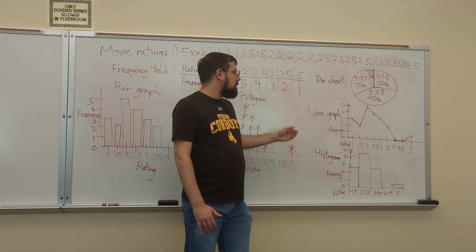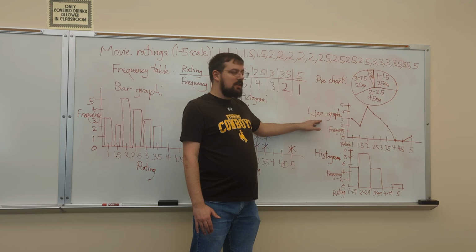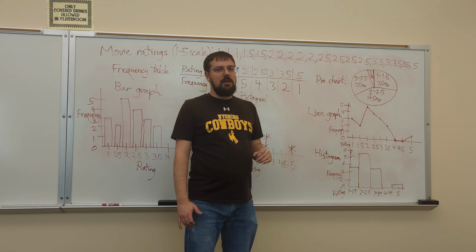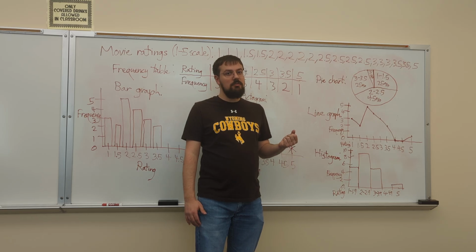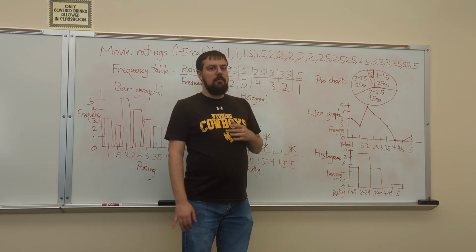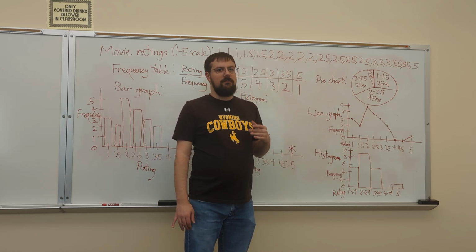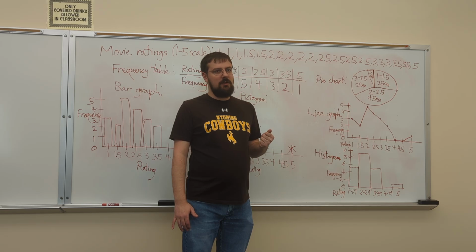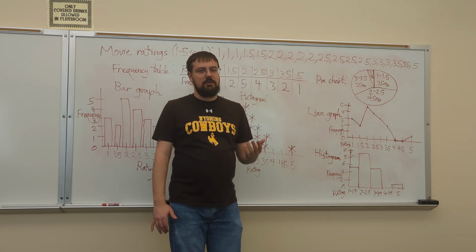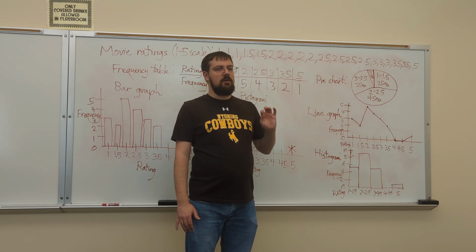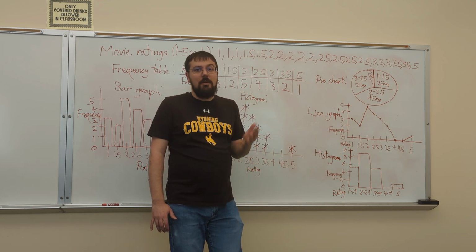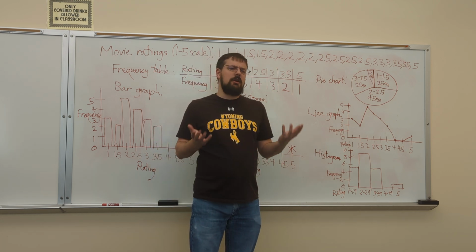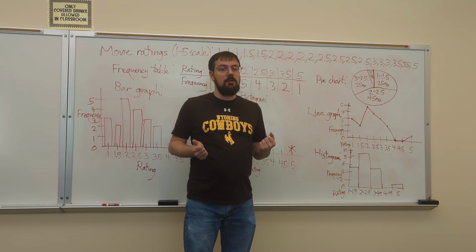In reality, this type of data is probably not where line graphs are the most useful. Where line graphs really tend to be the most useful are when we are trying to track the value of a variable over time. So for instance, if we have gas prices and we're trying to track it over time at the beginning of each day for a month or something like that. That's a scenario where line graphs are particularly useful.